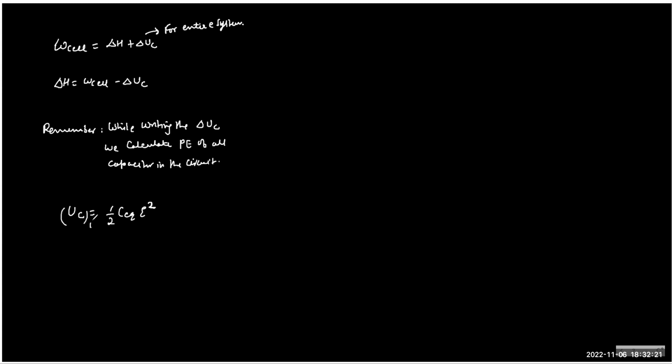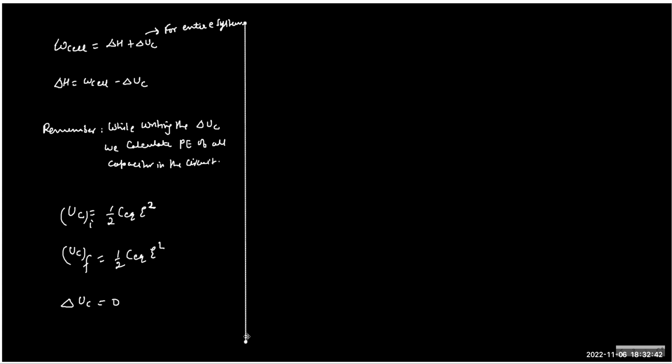I think initial is the same as final, because in both cases the C equivalent is the same. Isn't it? And therefore, delta UC turns out to be 0. Luckily.